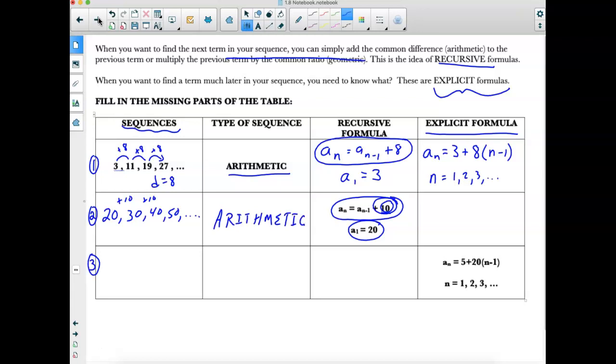Okay? What is the explicit formula for this one? Well, now that I know a whole bunch of terms, I can say any old random term, a sub n, is found by taking that first one, 20, adding the common difference times n minus 1. But remember, n is 1, 2, 3, and so forth.